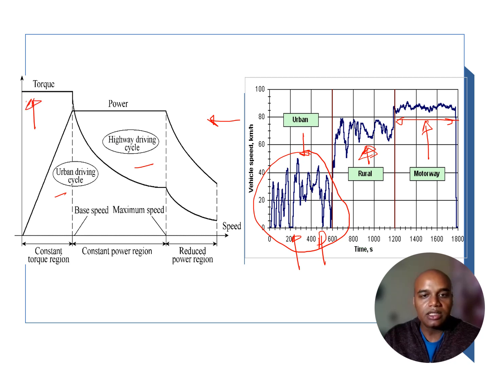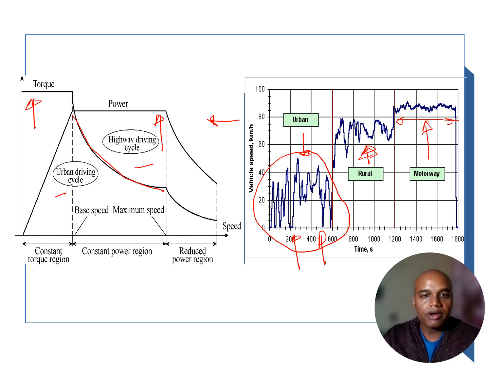Sudden braking and starting is happening, so the torque requirement in urban driving is very high compared to highway driving, where my torque requirement drops down as compared to the city drive.